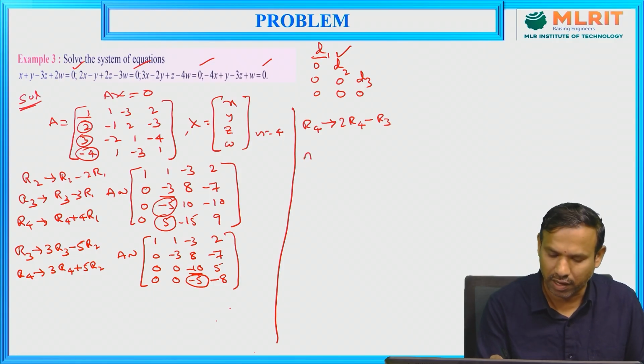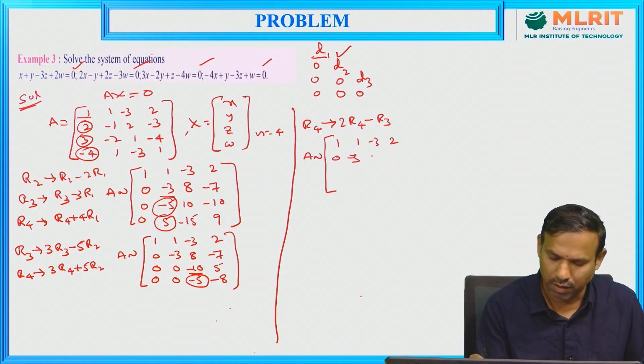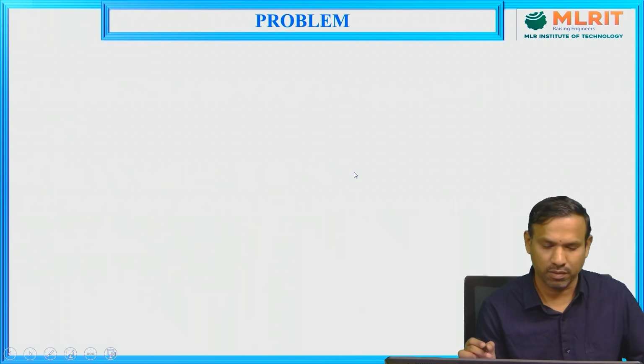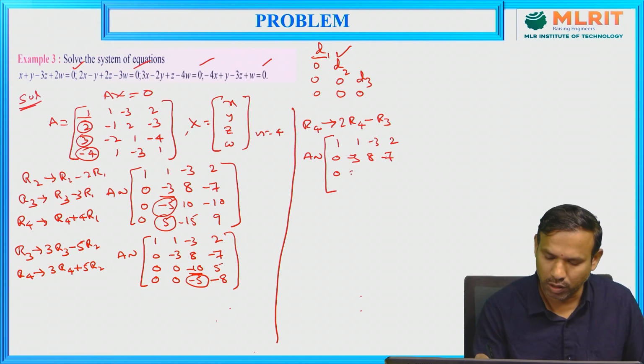Now A is equivalent to the first 3 rows with no change. Write them down as they are: 0, minus 3, 8, minus 7, 0, 0, and second 0 0 minus 10 5.